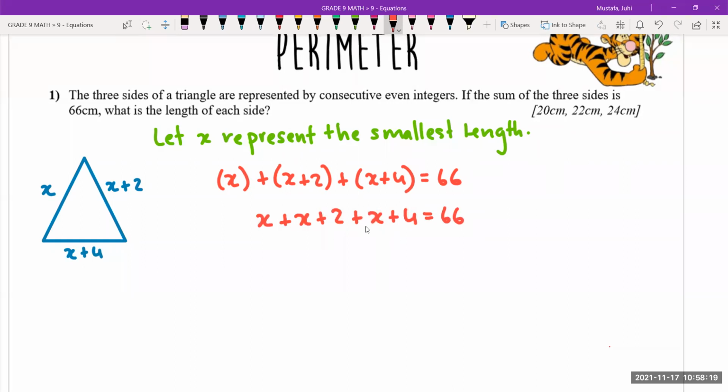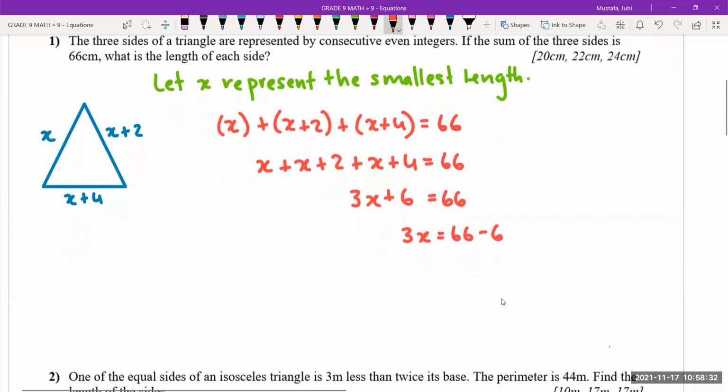I can add up all my x's. There are 3 of them, so it's going to be 3x plus 6 is equal to 66. Move this to the other side. It'll be 66 minus 6. And then we're going to have 3x is equal to 60.